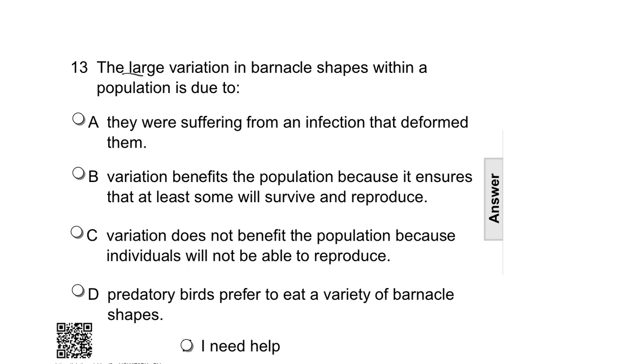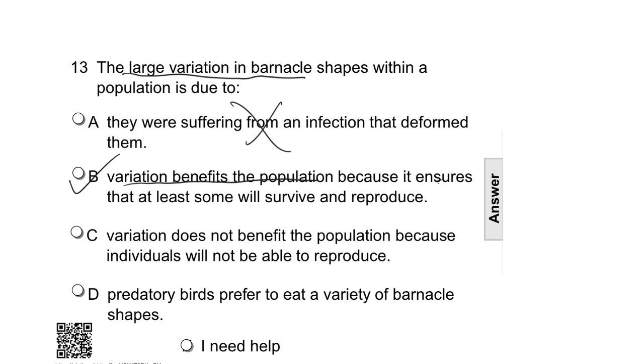Okay, variation in a population is due to what? The barnacles are suffering from infection. Oh, come on. Variation benefits the population because it ensures at least some will survive and reproduce even when the environment changes. So that sounds really good, because biodiversity benefits the population.